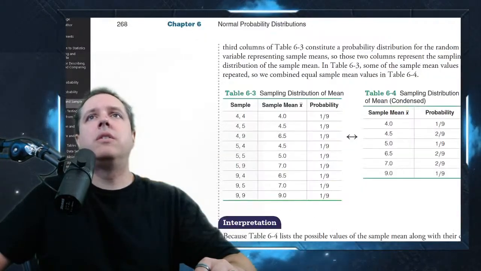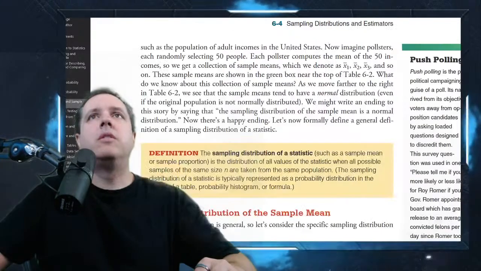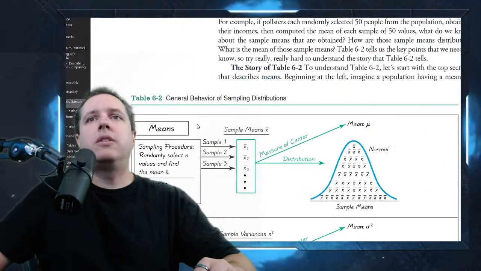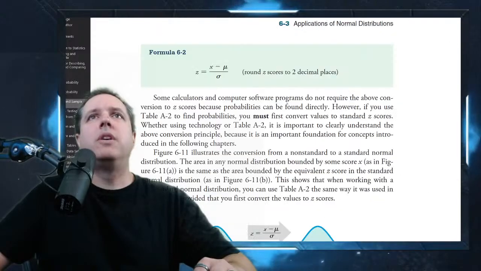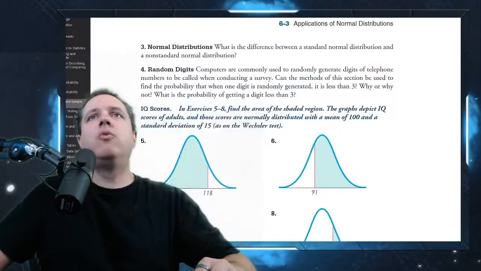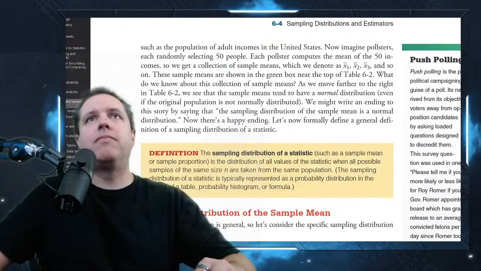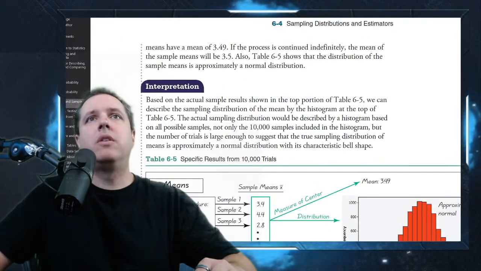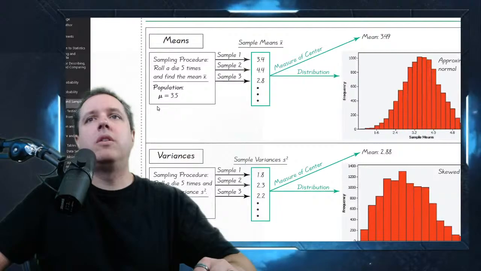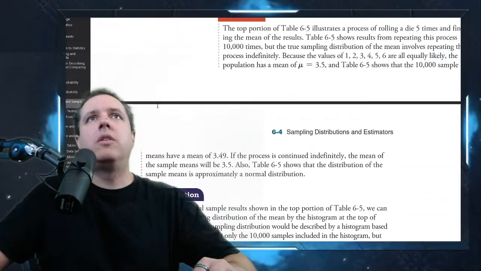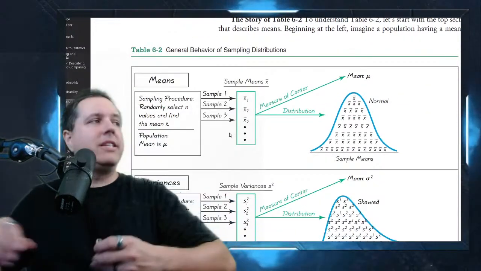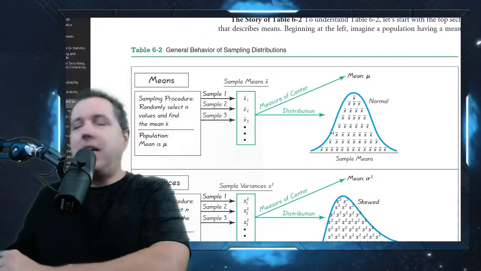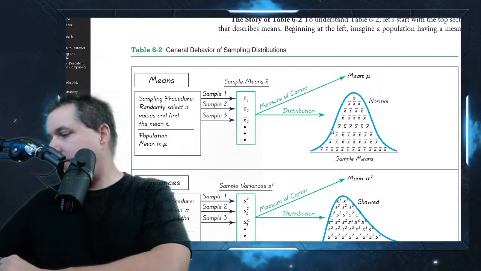Actually, that's for the mean. Did they do the same for proportions? Don't remember. It doesn't matter. We can use this picture because it's basically the same thing. We'll kind of look at both of these. Okay, so these are for means, but you get the same idea for proportion. And this is page, what, 266?